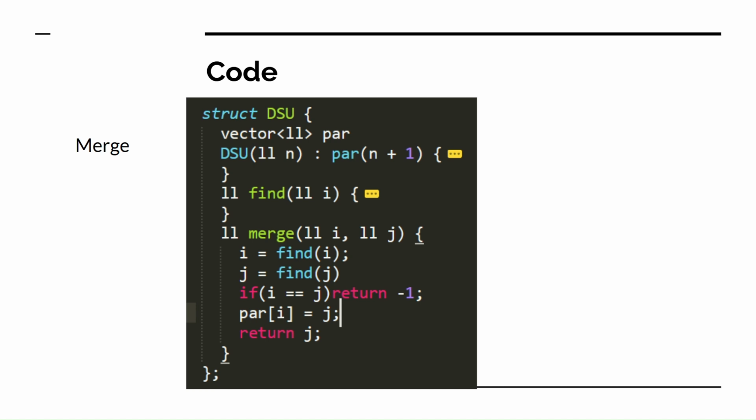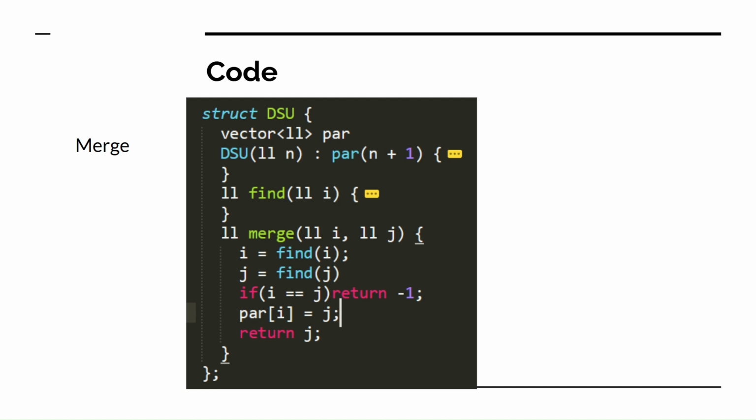If both root nodes are the same, then we do not need to merge. If both nodes belong to the same tree, then their root node is going to point to the same node, as there is only one root node in a tree. So if they are the same, there's no need to merge them.